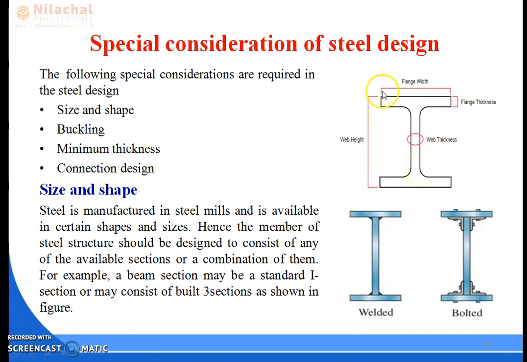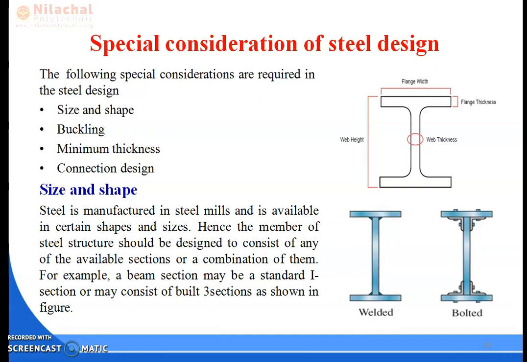By combining these 3 individual sections into a unit, we can form an I section. So you can buy a proper I section from the mill, or you can buy 3 individual sections and combine them to get an I section.